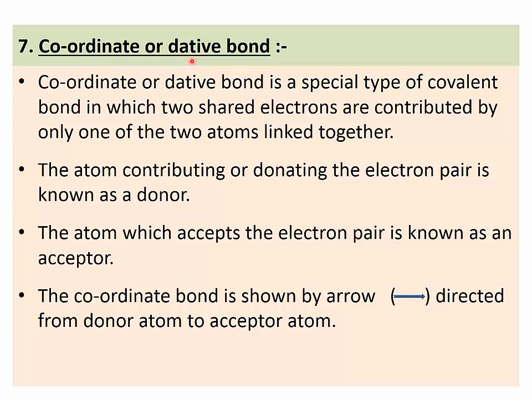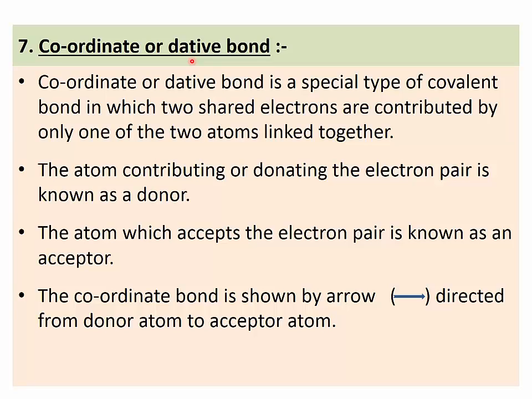A covalent bond is formed when there is sharing of electrons between two atoms. Each atom shares one electron to form this bond. That means for bond formation, a minimum of two electrons are required, contributed by two atoms.